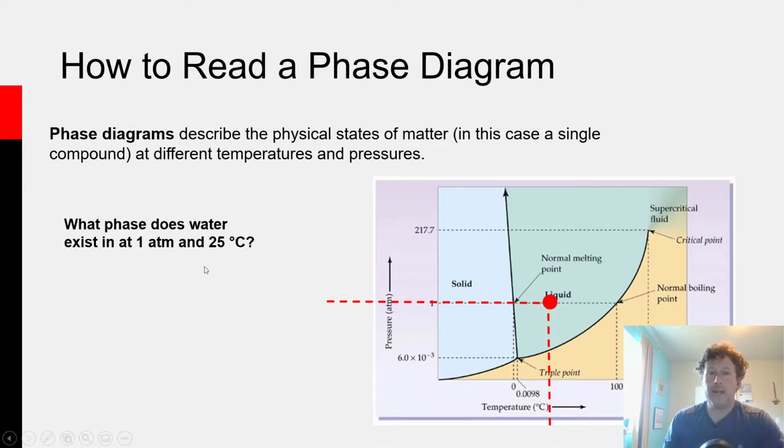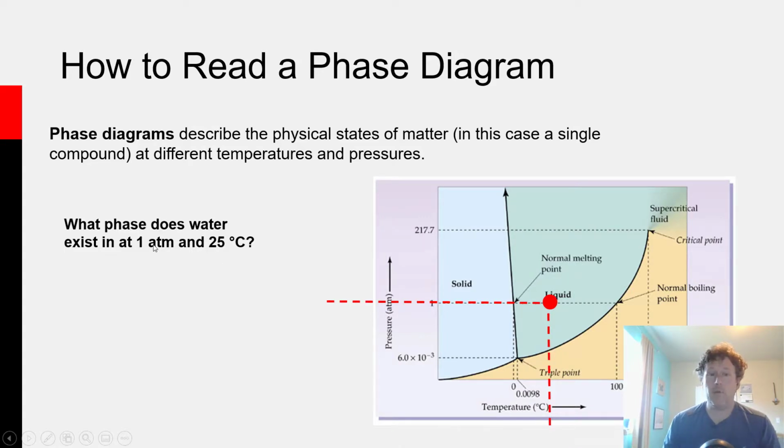We could play the same game and ask about what phase water would exist in if we changed the pressure and temperature conditions and moved to some other region of the phase diagram. But in general, the way you read a phase diagram is you're looking for which phase of matter is going to be most stable, in which region of the graph your dot lands at a specified pressure and temperature combination.